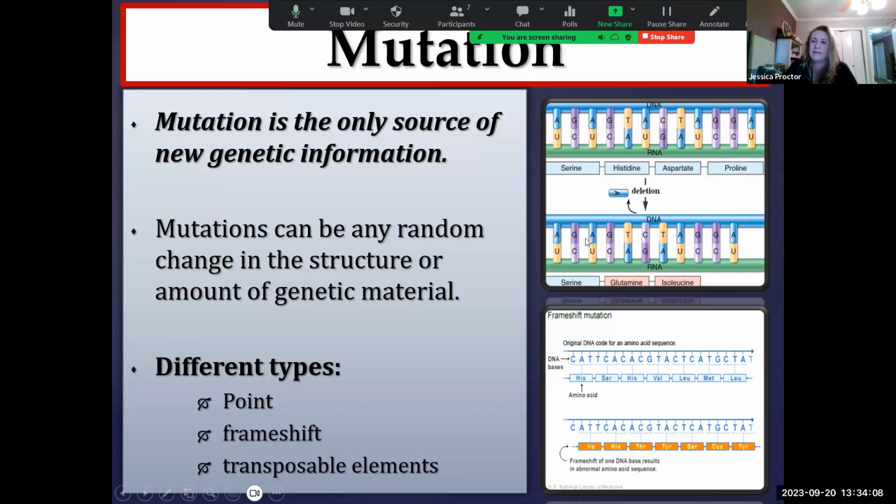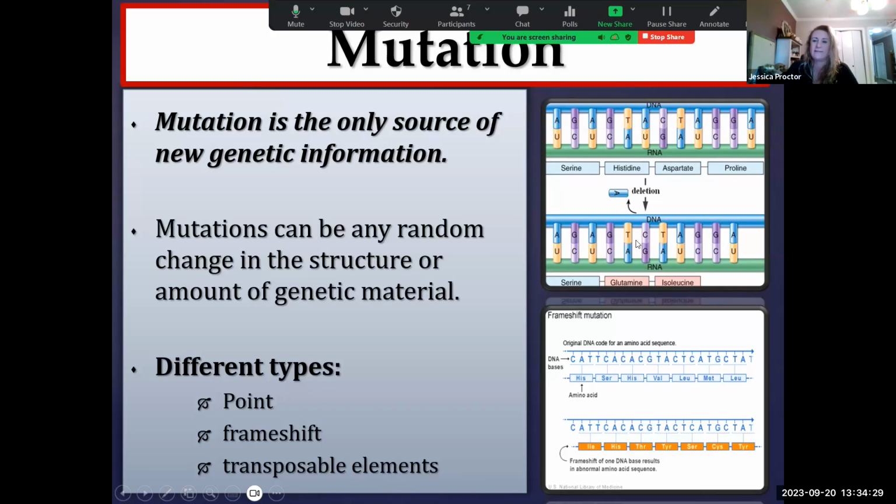Okay, so the things that happened before that are not impacted. So we still have AGA coding for UCU, which codes for serine still. So you see there's no impact here, but now there's an impact because that third letter in this codon, instead of being an adenine, is now a cytosine.